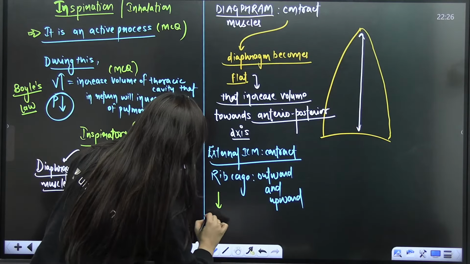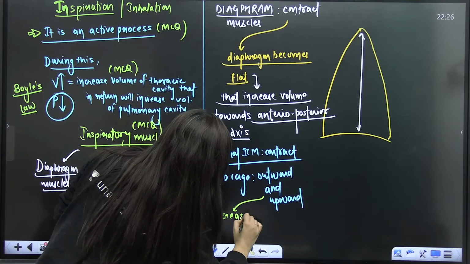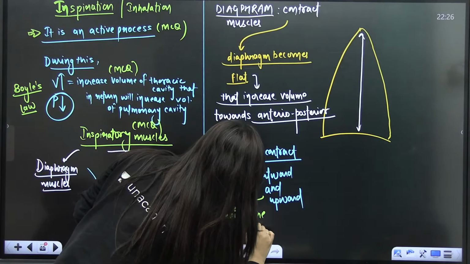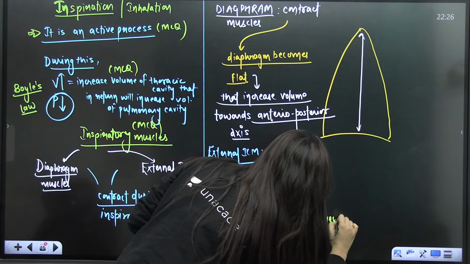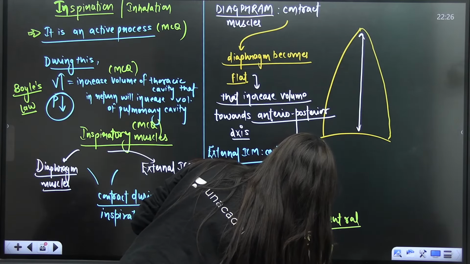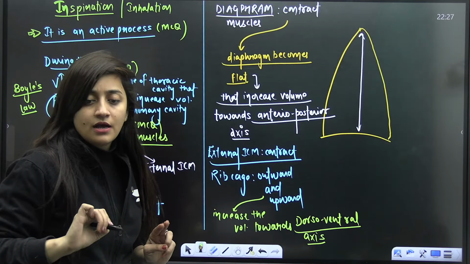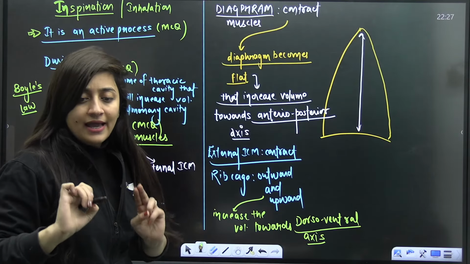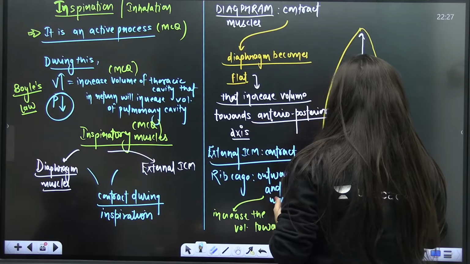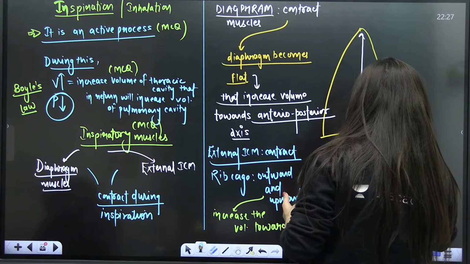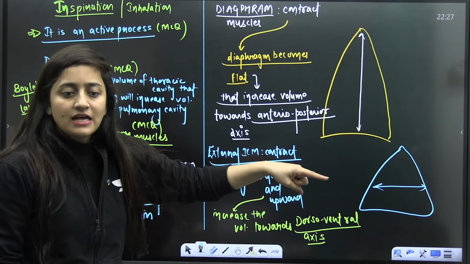This position of the rib cage increases the volume towards the dorso-ventral axis. Dorso-ventral axis. Is that clear? Yes, so you can take it in this way. That is how it is going to work.